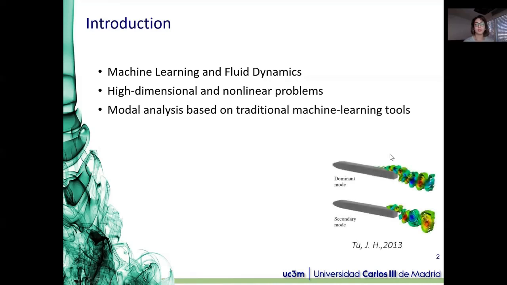To reduce the complexity of the information of such numerical or experimental datasets, modal analysis based on traditional machine learning tools, such as the proper orthogonal decomposition, has been widely exploited in fluid dynamics. In addition, in recent years, several other low-order modeling techniques have flourished and led to excellent applications to flow understanding and control.